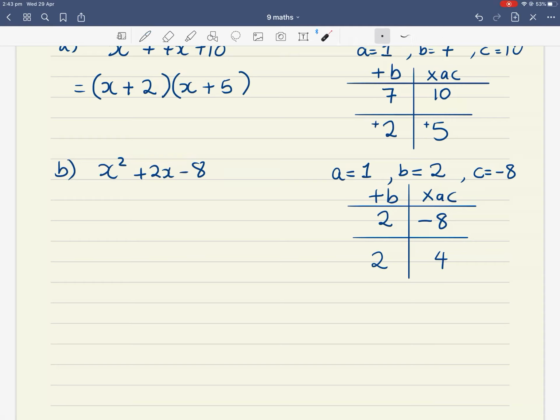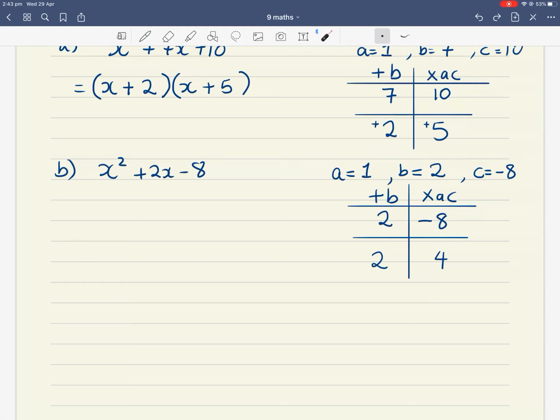Okay, so now this is where we think about the positive and negative signs, right? So 2 and 4 are my factors of interest. One of them has to be a negative number and one of them has to be a positive number in order for them to multiply to be negative 8. Because if both of them were negative, then they would multiply to be a positive 8, and that's not what we want.